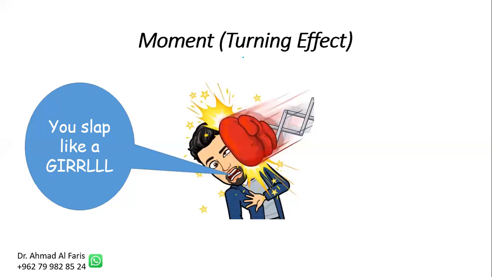It's not that hard. Okay, why? For example, if a girl wants to slap someone, she will do it like this. But if a boy wants to slap, he will use the whole arm. So what's the difference between this and that?